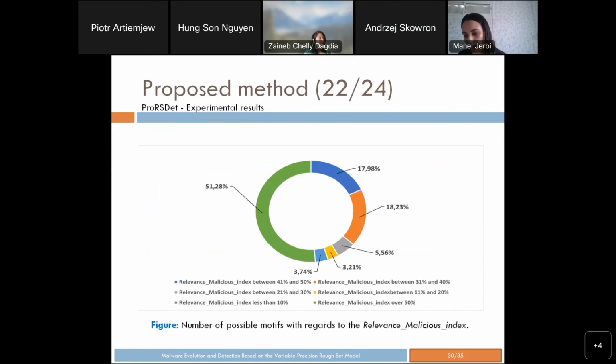Also, we can see that more than 51% of the possible generated motives have a relevance malicious index that is greater than 50%. Let's recall that the relevance malicious index is the ratio of the number of instances that belong to the possible set and have the same structure with the malicious label, and the number of the whole set of possible instances.